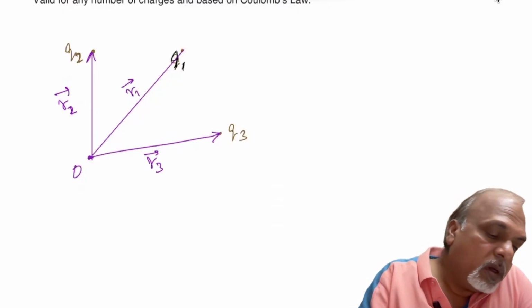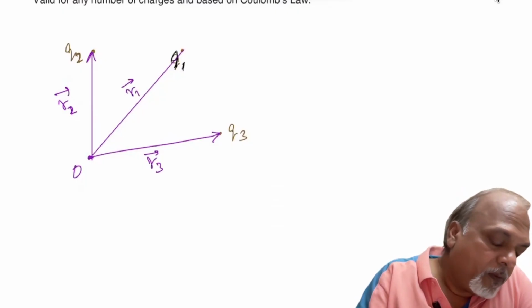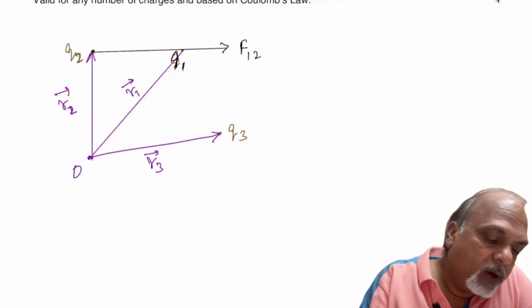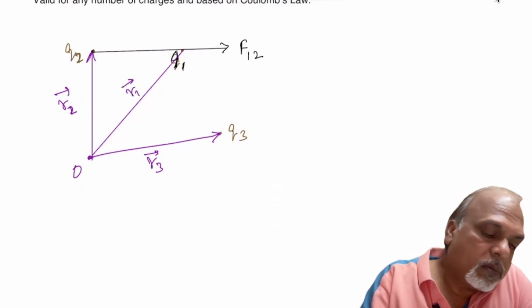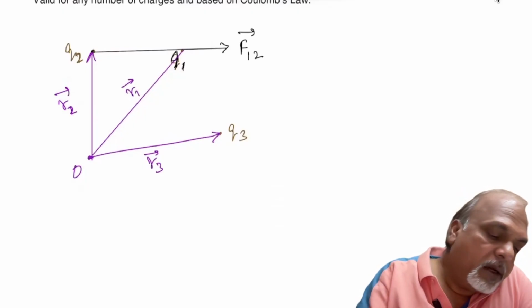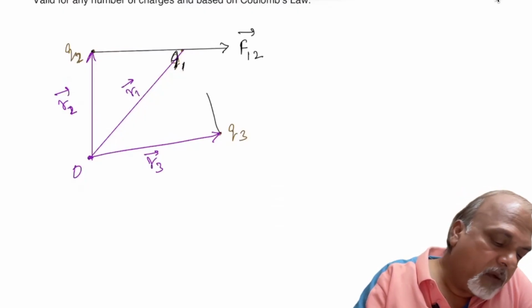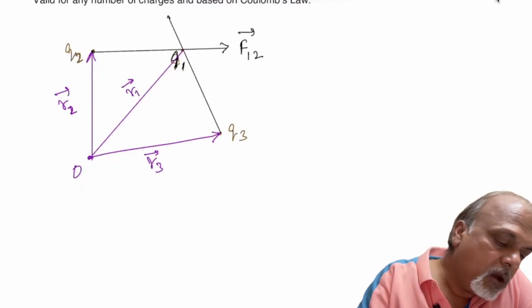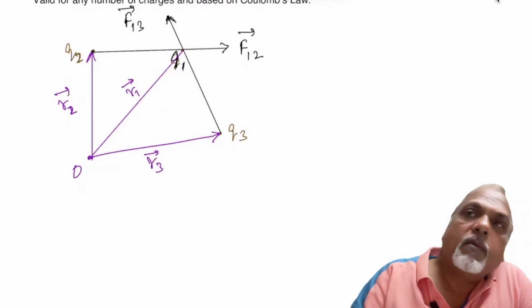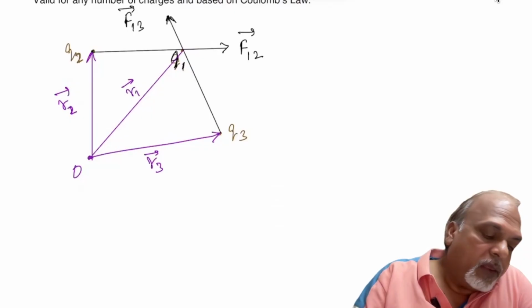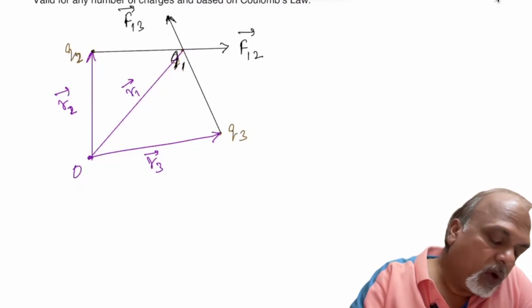So what we will do, as we have seen, due to Q2, there will be a force on Q1 like this, and this will be F12. And due to Q3, there will be a force like this on Q1. We can designate it as F13. Then, what is the force on Q1?